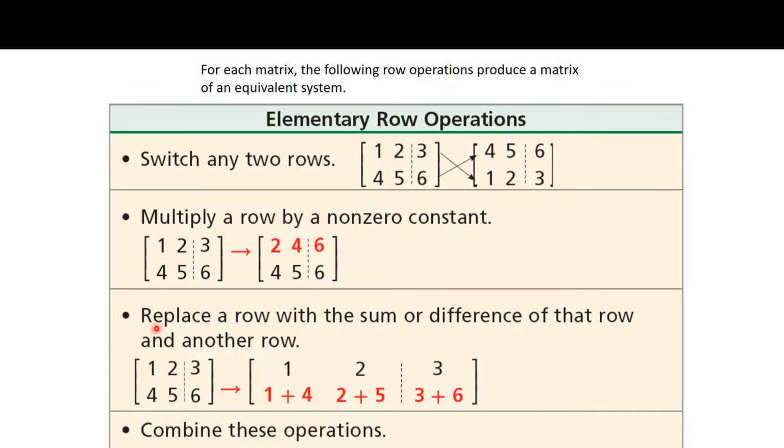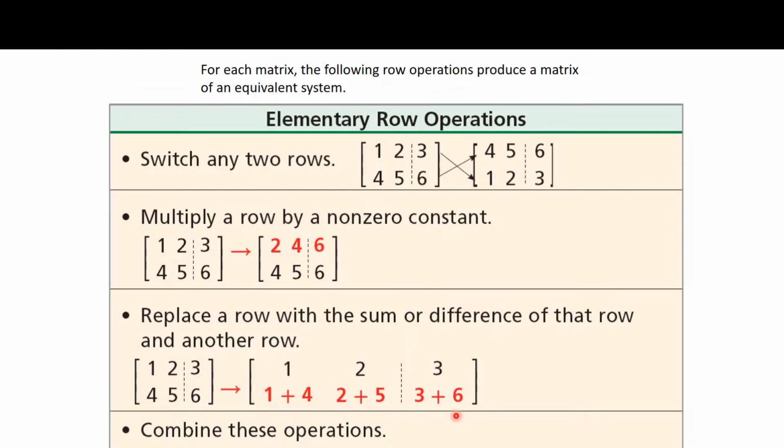Another thing we could do is replace a row with a sum or difference of that row and another row. This one's a little bit trickier, but if you look, you can see it. I could keep this first row, 1, 2, 3.